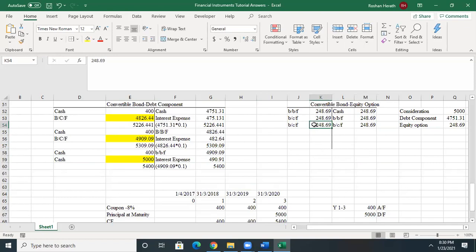So therefore, you show them under the equity. So there was a particular reserve, equity option, 248.69, right? So you can simply show them under the equity. But the point is that this must be considered as a non-distributable reserve.